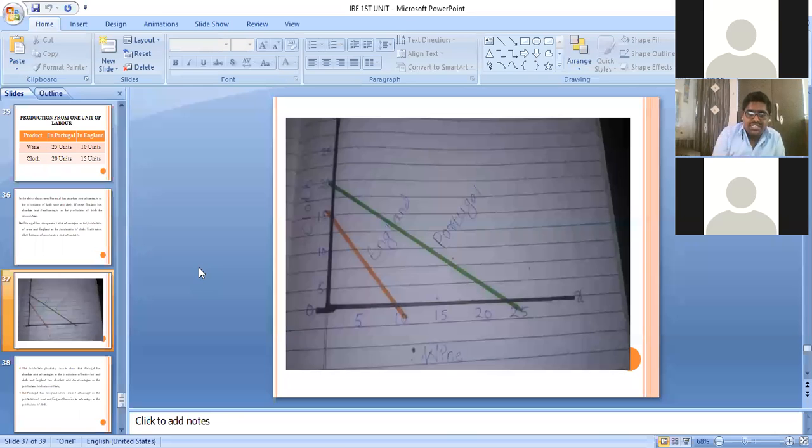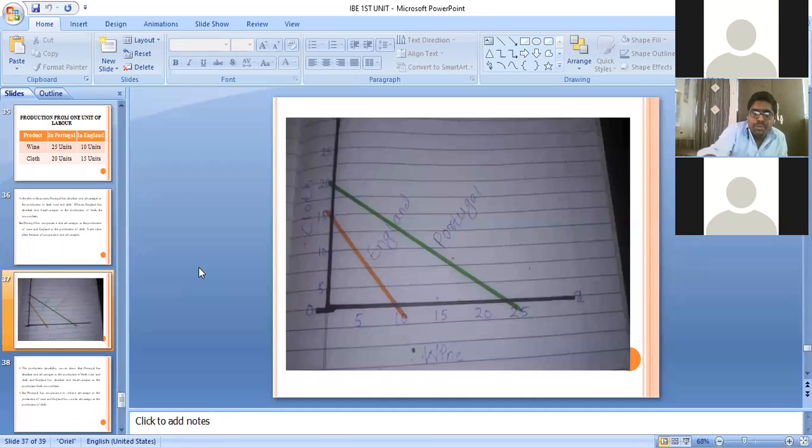First we will see the possibility curve of England. See, in England, one labor is producing wine 10 units. In cloth it is 15 units. This possibility curve of England shows that one labor is producing cloth 15, wine 10.